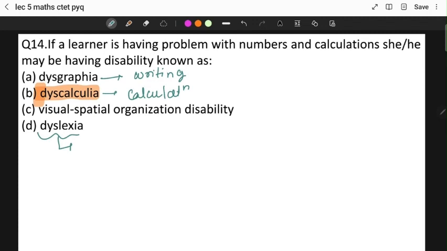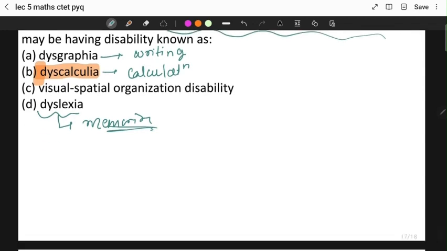These are the different disorders. So the correct answer for the given question is that a problem with number and calculation is nothing but dyscalculia. Okay, moving on to the next question.